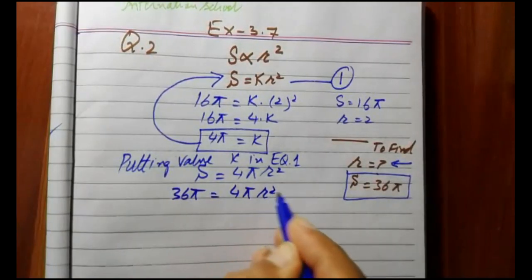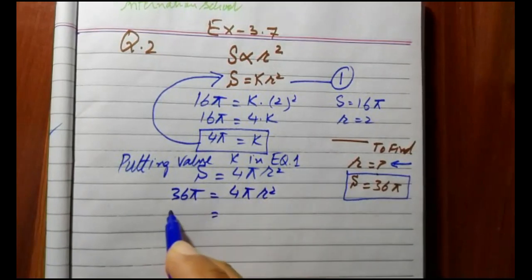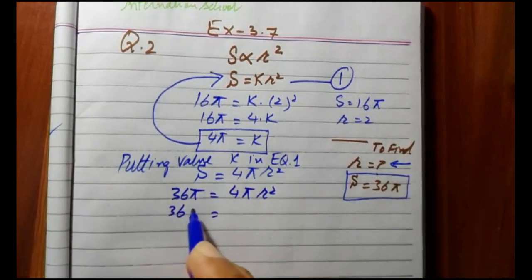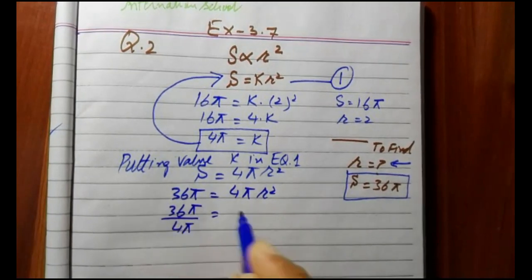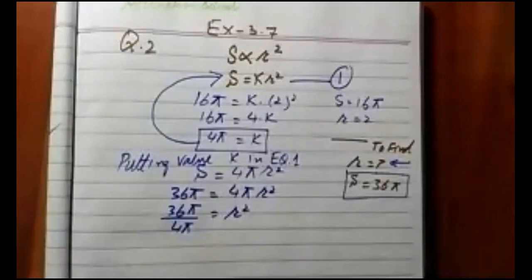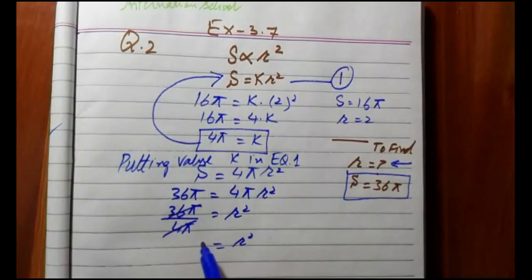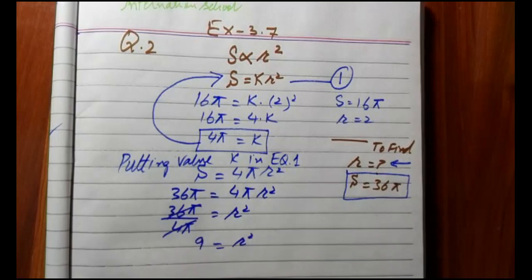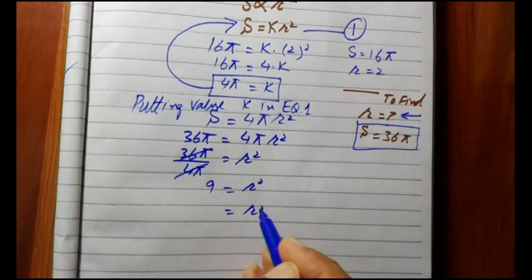You will divide it by 4 pi on the other side so that we can find the value of R. So divide it by 4 pi and now go for the cancellation. Pi will be cancelled and it will become R square equals 9. If you take the square root, it will become plus minus 3.